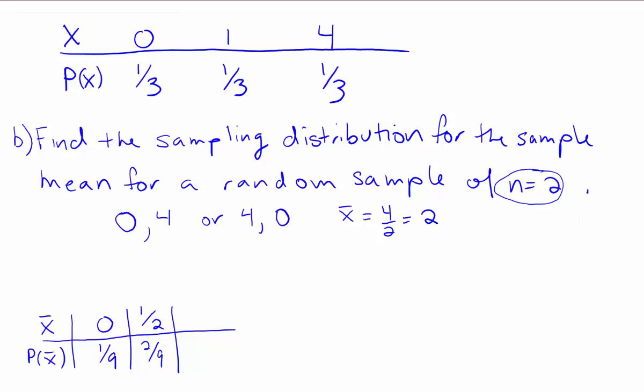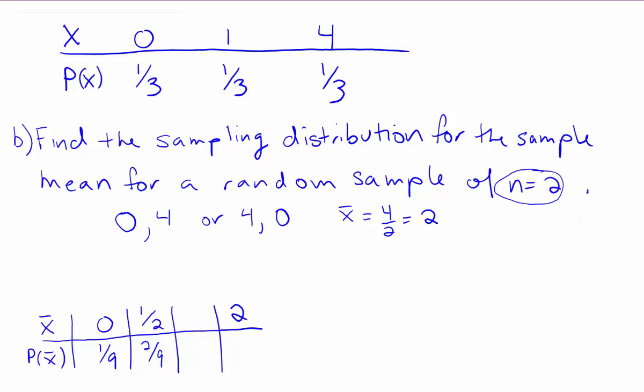You could also, if you wanted to, put the sample means in numerical order. It doesn't really matter, but if you want to leave a space, we can put 2 here because it is possible to get 1. Either way, let's go ahead and put 2 there in our table, and the order doesn't really matter. You could always reorder it later, but the point is that x bar of 2 is possible. If you got 0 and 4 as a selection, or 4 and 0, the sum of those two numbers is, of course, 4, and then you divide by 2, your sample size, you end up with a sample mean of 2.